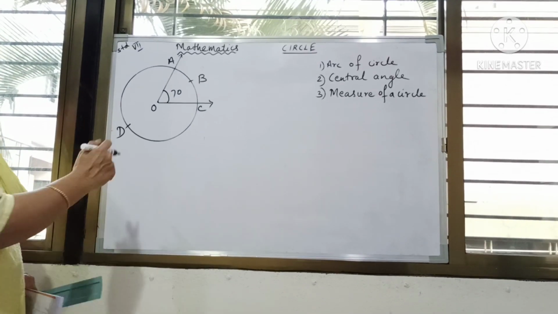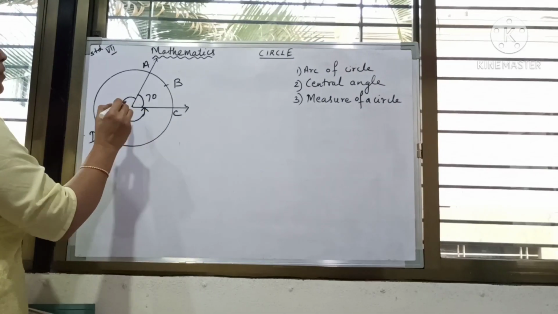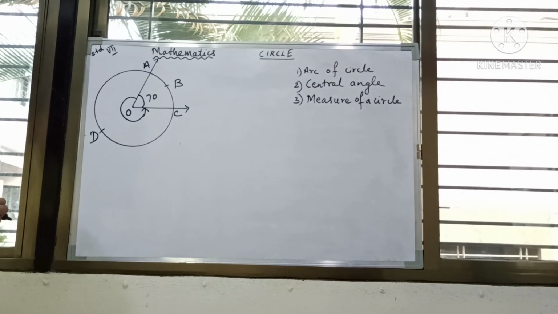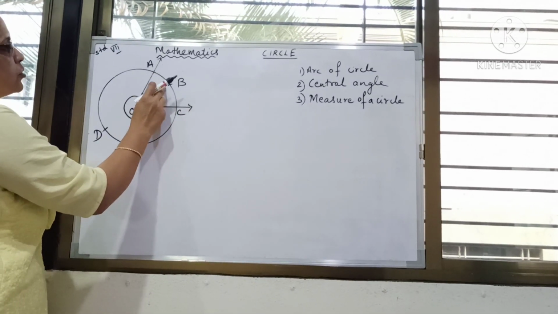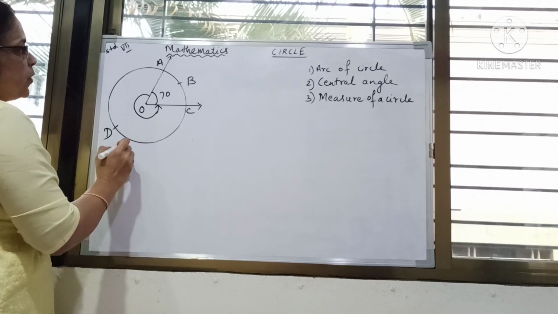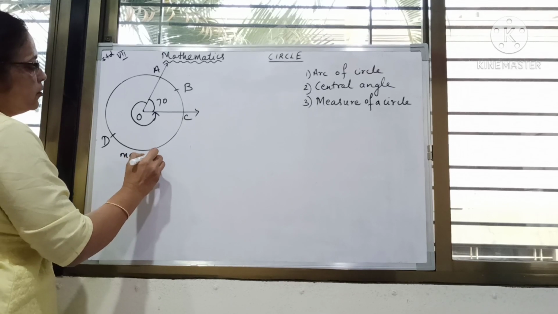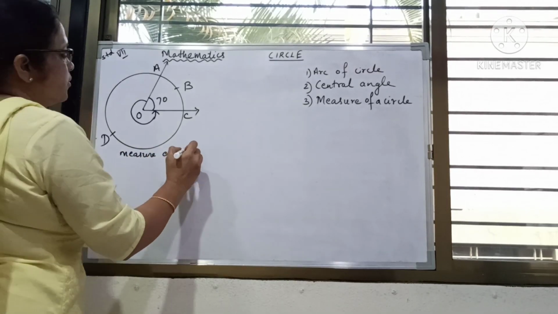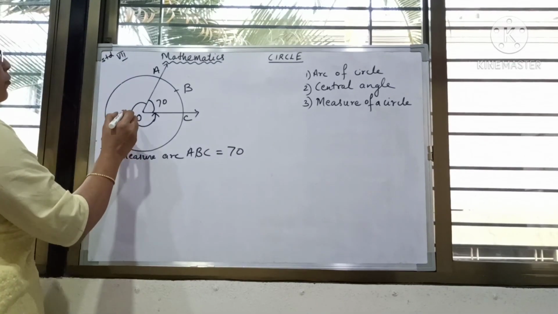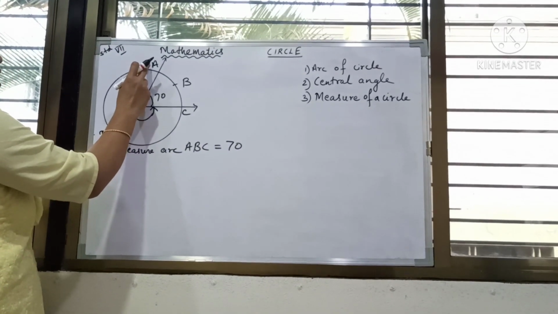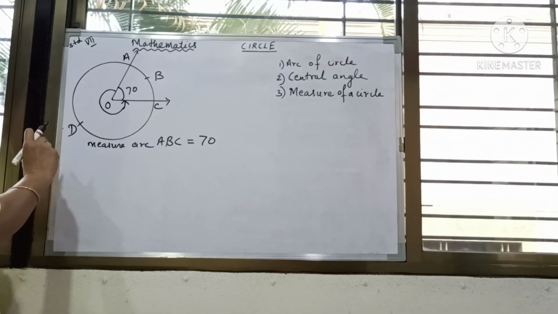And if you have to find out the remaining angle, how do you find it? Here the measure of this arc will also be 70. Measure of arc ABC is 70. You have to find out the measure of the arc ADC, the remaining part of the central angle.